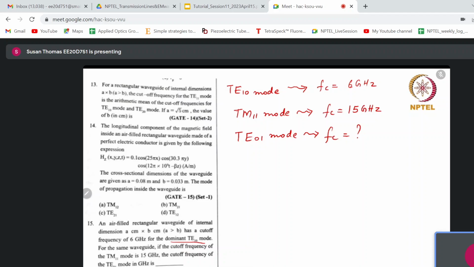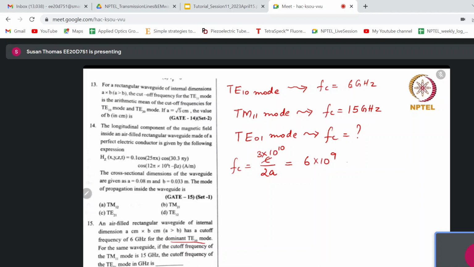So from TE10 mode, we do not know the value of A and B, but if you look at the expressions, FC is equal to C by 2A in case of TE10. So this can be equated to 6 gigahertz, 6 into 10 power 9, where C is 3 into 10 power 10 centimeters.